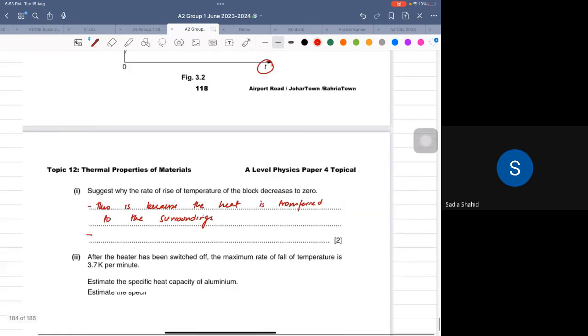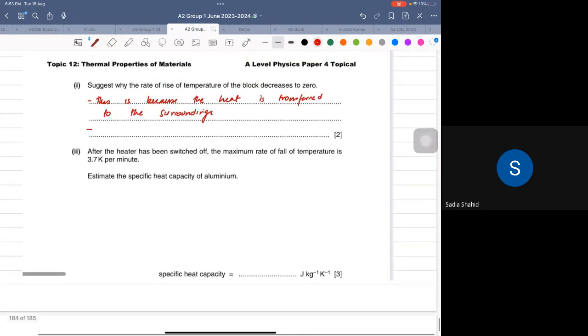So we're going to say that temperature becomes constant when energy in is equal to energy out. Is it clear, everyone? Any questions here?